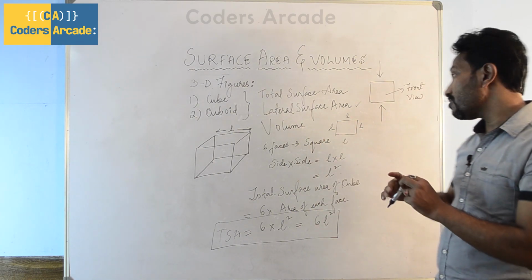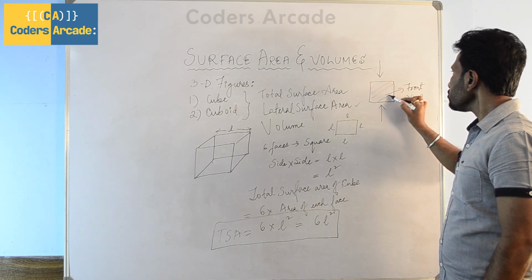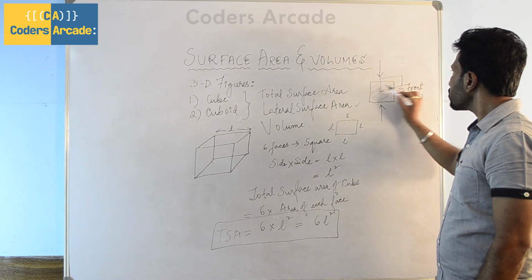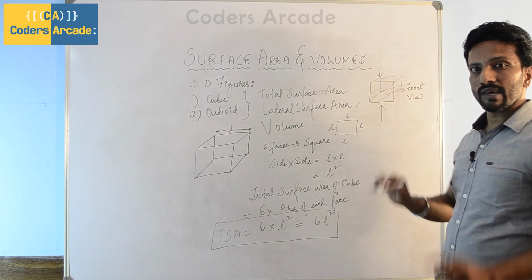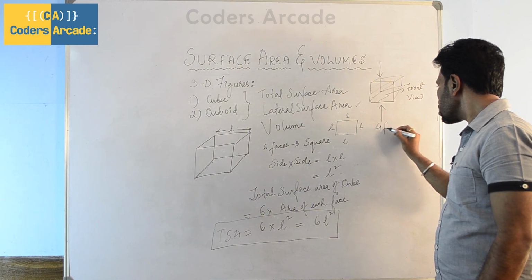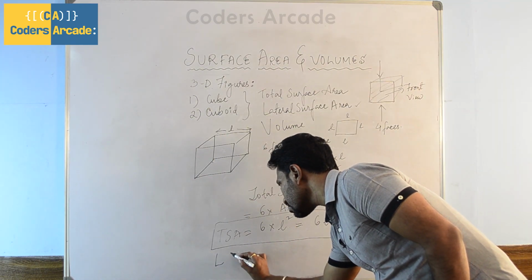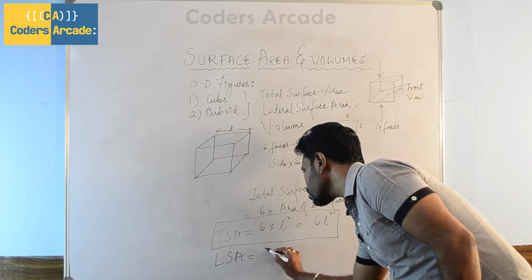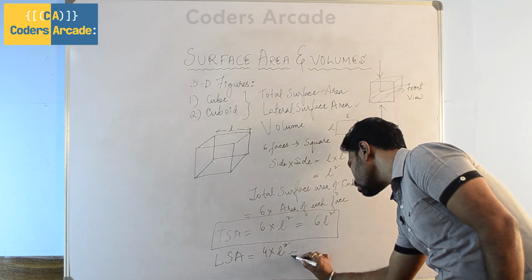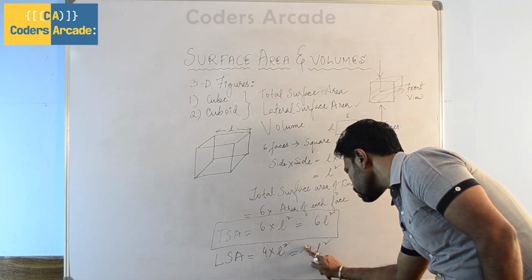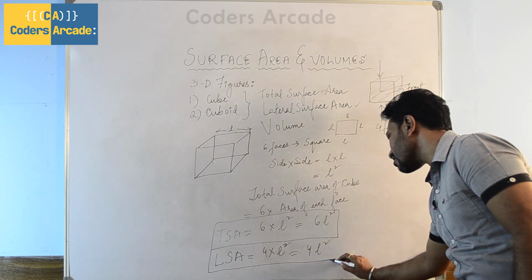In that case, we will be having only 4 faces: the front one, say the back one, this, and the other 2 side faces. So ultimately we will be having 4 faces. In that case, the lateral surface area will be is equal to 4 into L square. That is 4L square. So this is the formula for lateral surface area of a cube.